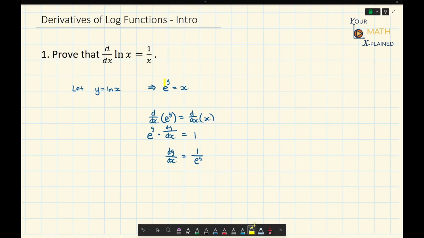But notice that e to the power of y is just equal to x, which means we can go ahead and substitute that in. So which means this is equal to 1 over x. And since y is equal to ln of x, we have now proven that the derivative, so d by dx of y, which is ln of x, is equal to 1 over x.